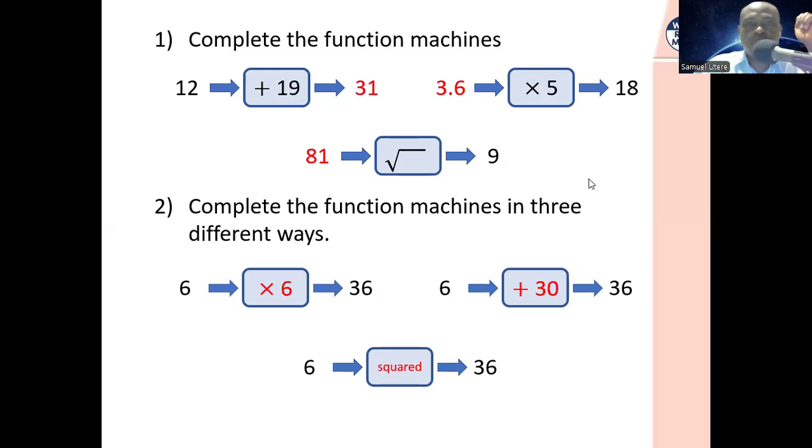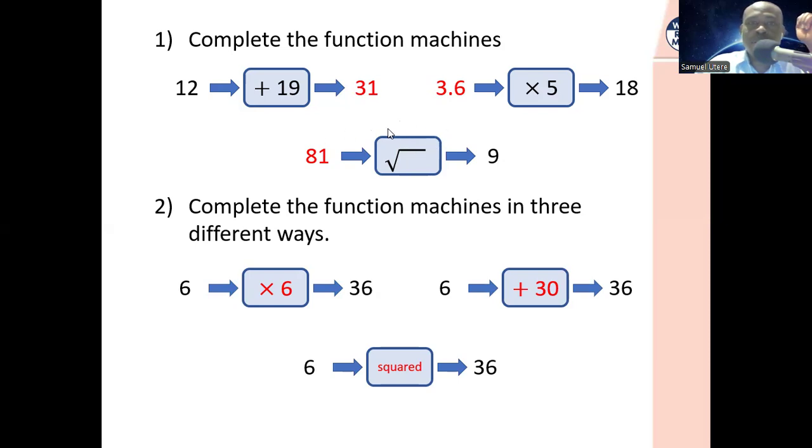And then for this one, we have the output, but we do not know what was put in. We don't know the input. So remember what we did to find out the input: we have to do the inverse. And remember, the inverse of square root is to square.